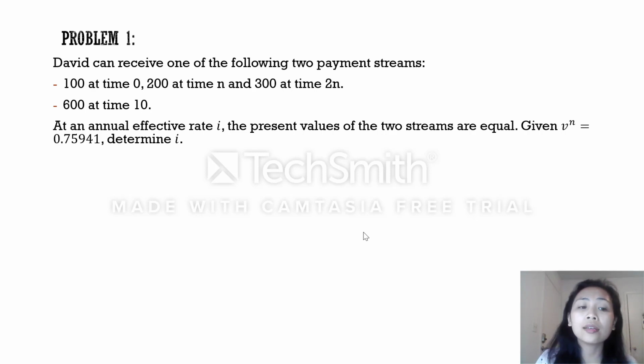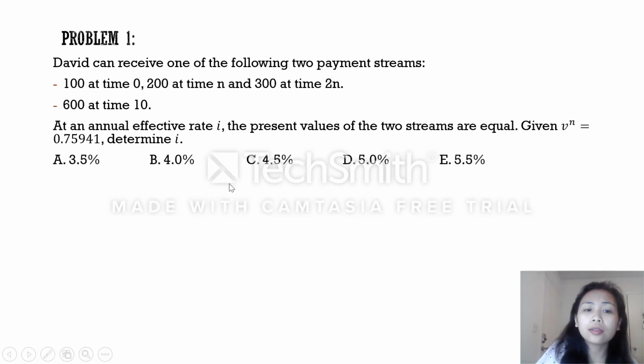Given v to the n is 0.75941, determine I. So the question gives you two options of payments, and the present values of the two streams are equal. Remember, present value means the comparison time is 0. So we are going to bring everything to time 0 to compare.